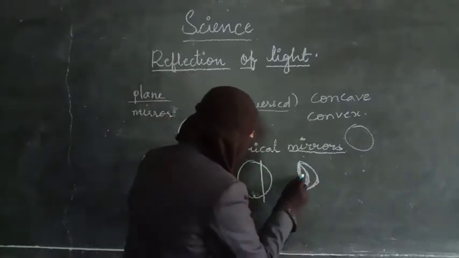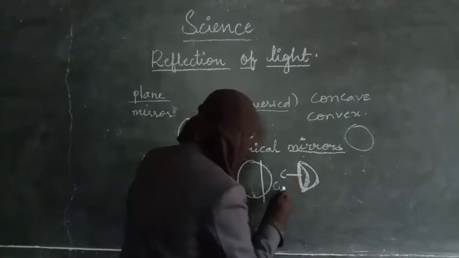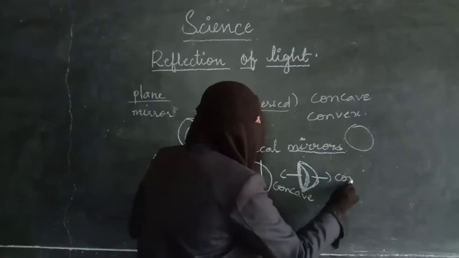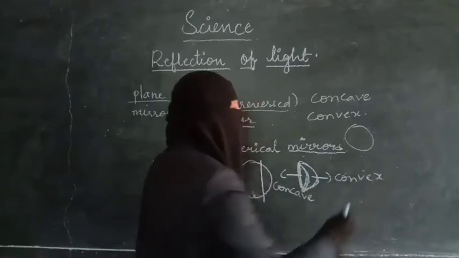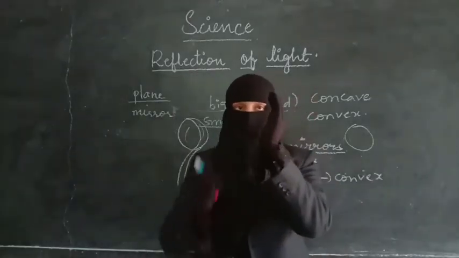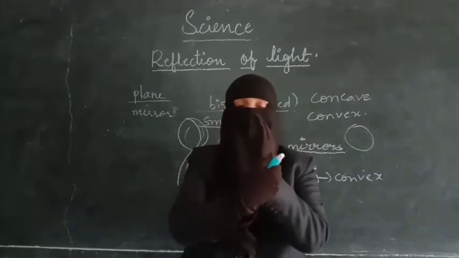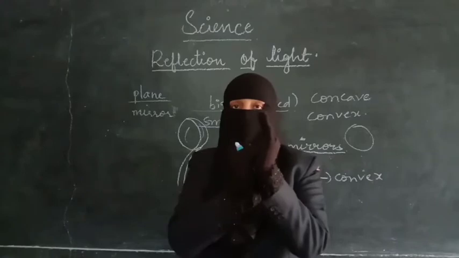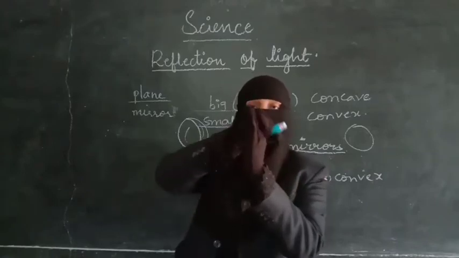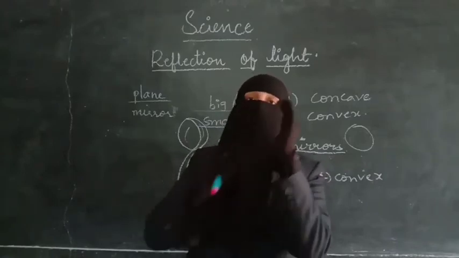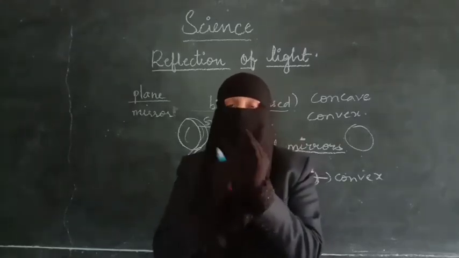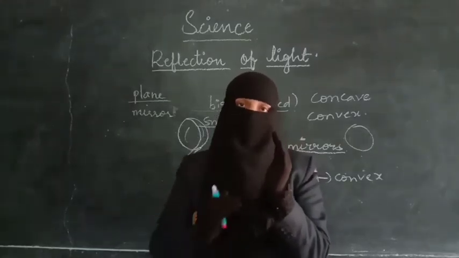So if you see, this part will behave as a concave mirror, and this part is nothing but a convex mirror. For example, if this is the sphere, it has reflecting surfaces. This reflecting surface is called a concave mirror. If the reflecting surface of the mirror is like this, then it is called a convex mirror. As there is a difference in the reflecting surfaces, the images will be different.